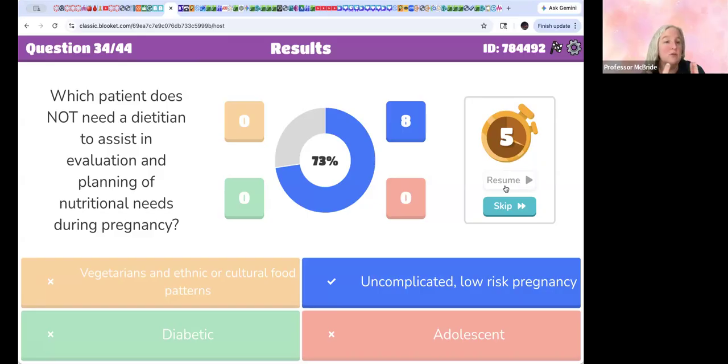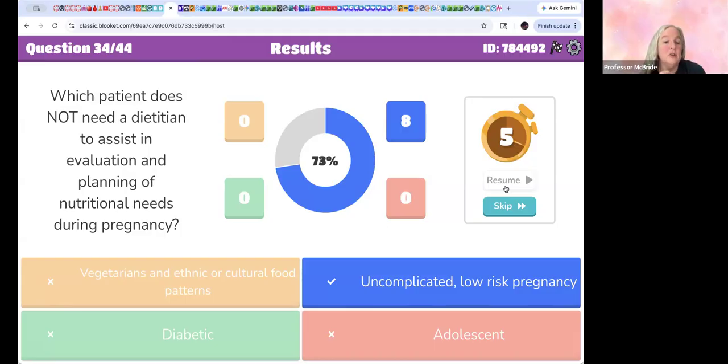They have body image issues. They don't want to be fat. Their body is also using nutrients for their own growth still as well. And they also have higher risk of having babies with IUGR. They also have a higher risk of iron deficiency anemia for themselves.